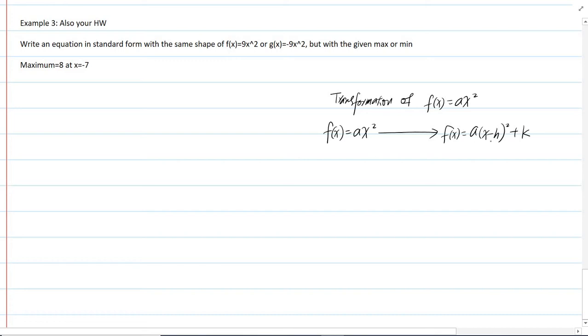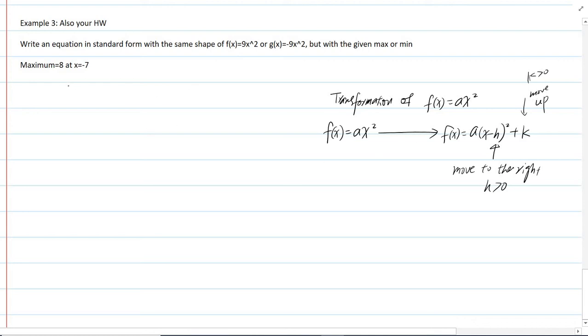If you look at this, we can tell it was moved to the right, so our h is greater than 0, a positive number. And then here plus k, we assume k is greater than 0, a positive number as well. So that means we're going to move up k units. Let's go ahead and take a look at this.